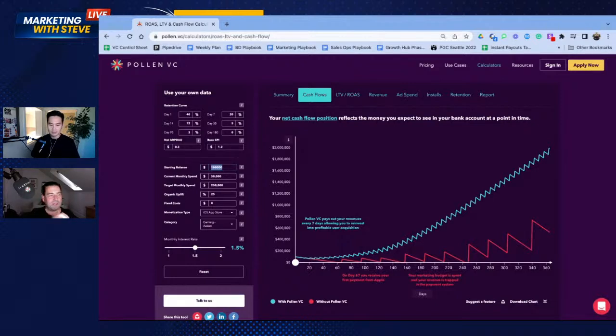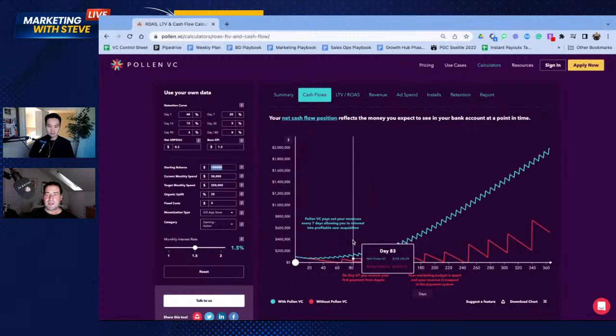So you see this sawtooth pattern: I'm taking my 100,000 budget, investing it as efficiently as I can, and then the day before I get paid, I've exhausted it again. So I'm using it as efficiently as possible. That gives us a spiky cash flow, which makes the red line.